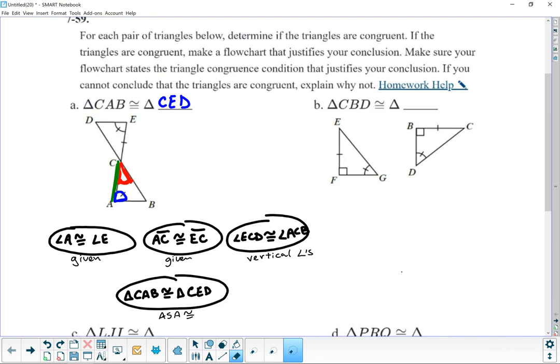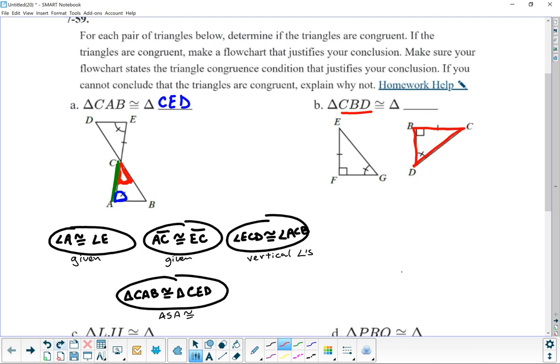Okay, so how do they name this? Let's look at the naming convention. They label it as CBD. If you follow this, C, which has no angle, B, which is a 90, and then D. In that order, that's talking about that triangle.